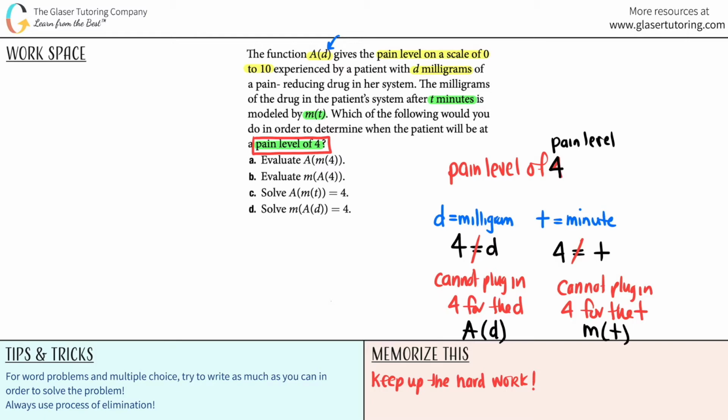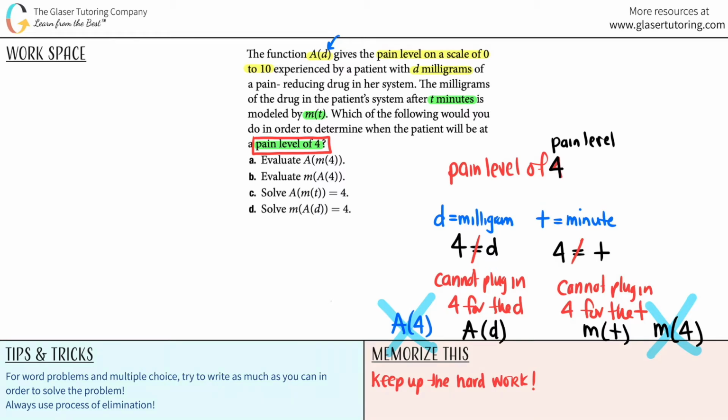If I can't plug in 4 for the D, I know that A of 4 does not exist. Big no-no. And if I can't plug in 4 for a T, I know that M of 4, that was a little ugly, M of 4 also does not exist.